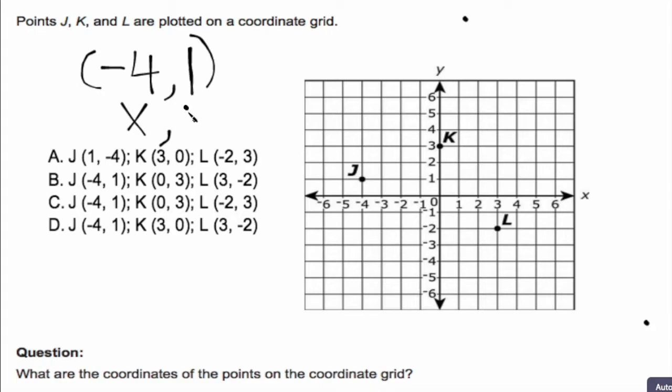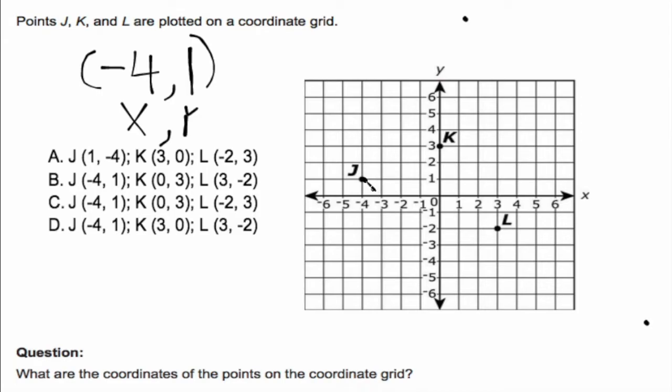Whereas the second number in any coordinate pair is always going to correspond to a y value. In other words, the first number in the pair, -4, is going to be something on our x-axis. The second number in the pair is always a y, so that's going to correspond to something on our vertical or y-axis.